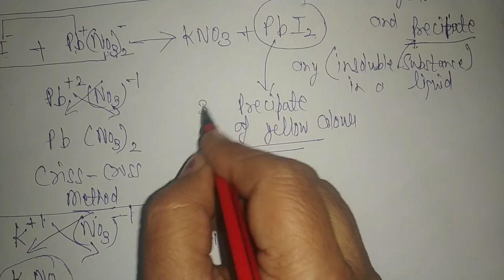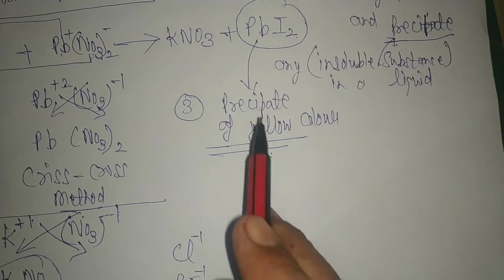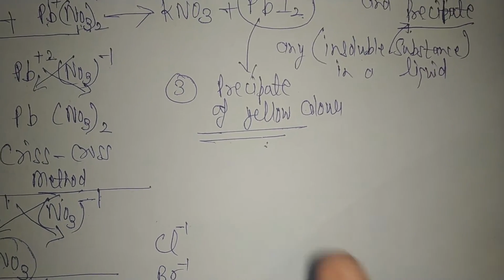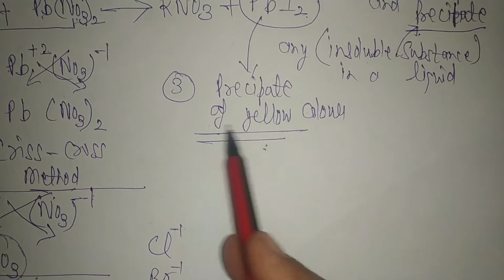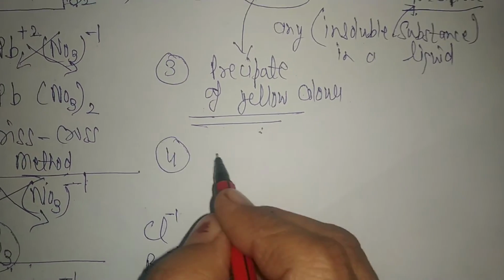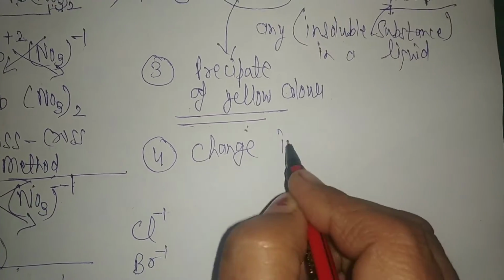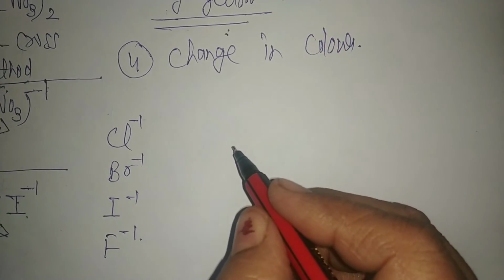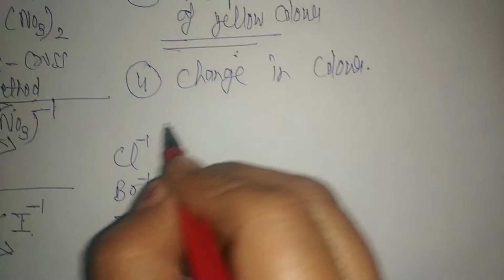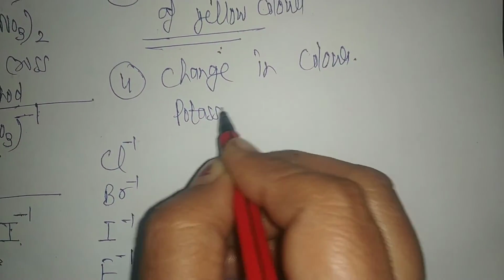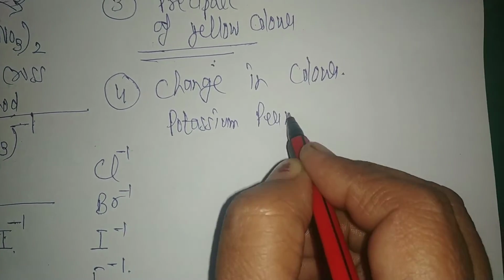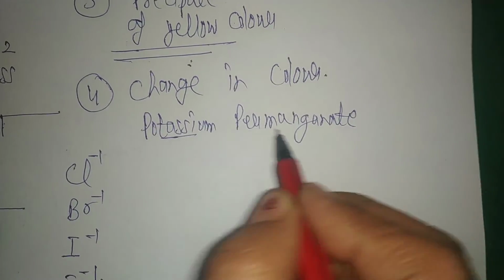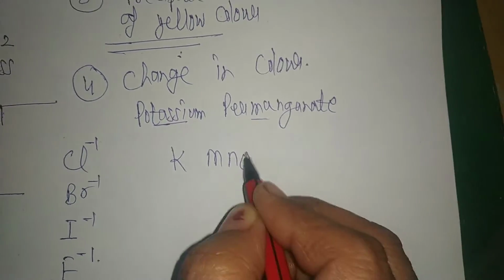So this is again the third characteristic. Number 1, evolution of a gas, number 2, change of state, number 3, formation of a precipitate, and now number 4 is change in color. Sometimes what happens, suppose I have potassium permanganate. The formula of potassium permanganate is KMnO4.